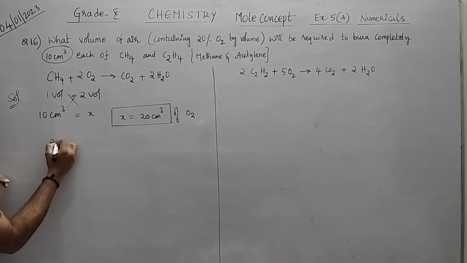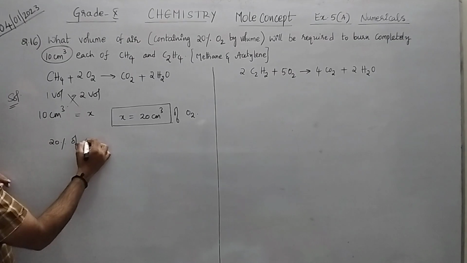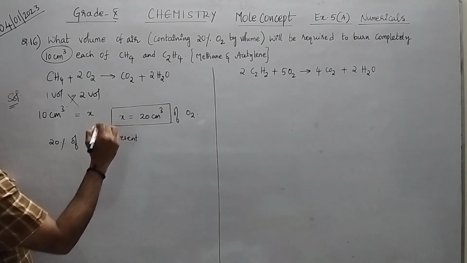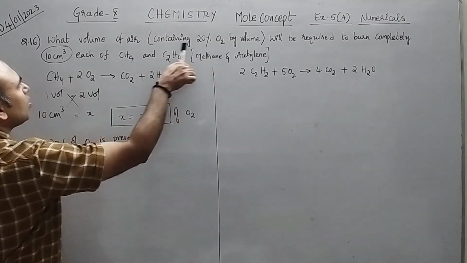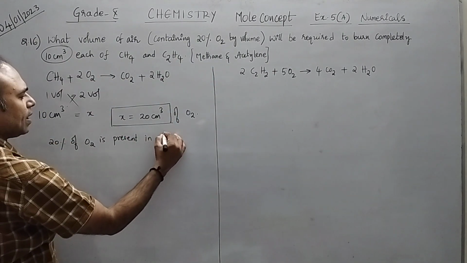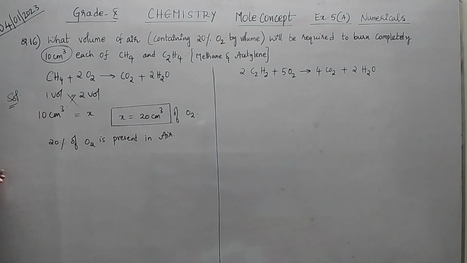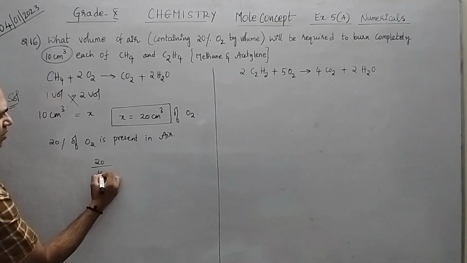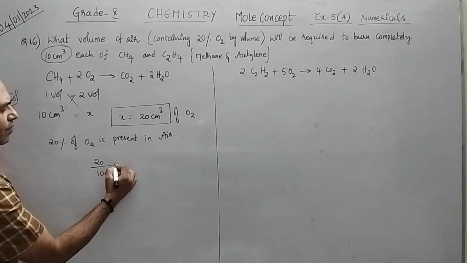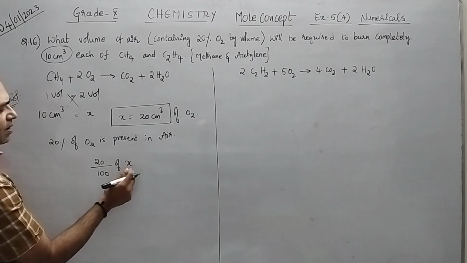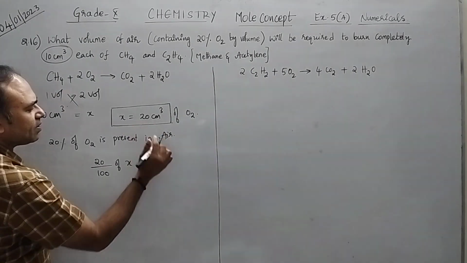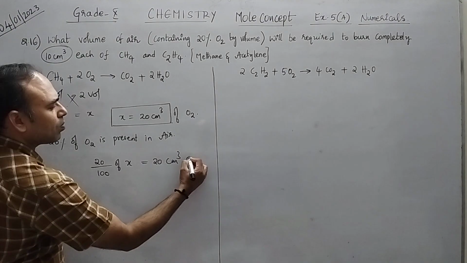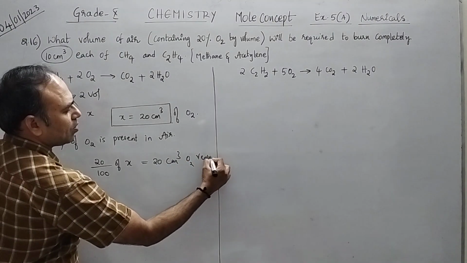Now there is the statement that 20% of oxygen by volume is present in air. So how much air is required? Let us take x volume of air, so 20 by 100 of x is nothing but 20 centimeter cube of oxygen required.